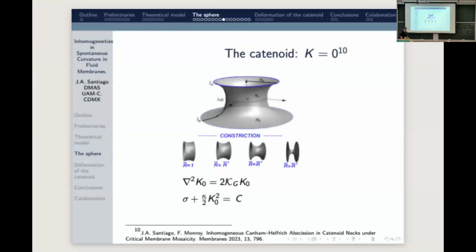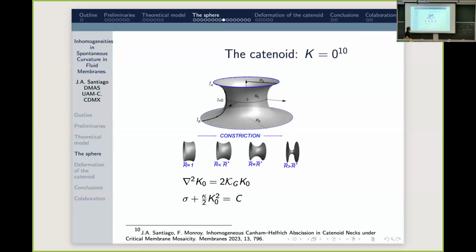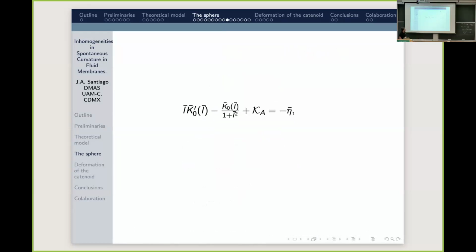Then because K is constant and 0, we have this property. And the first integral of the Euler-Lagrange equations can be written in this way, where the prime implies the derivative with respect to the arc length, right?